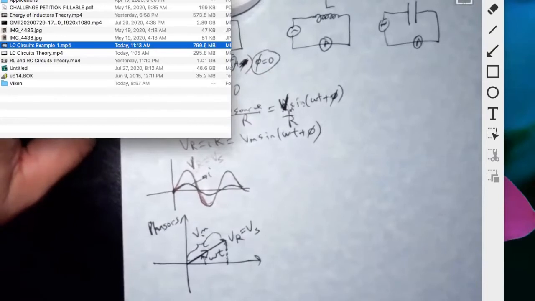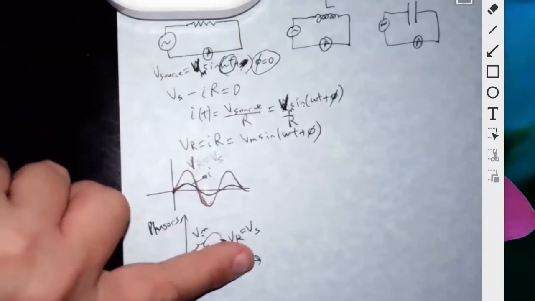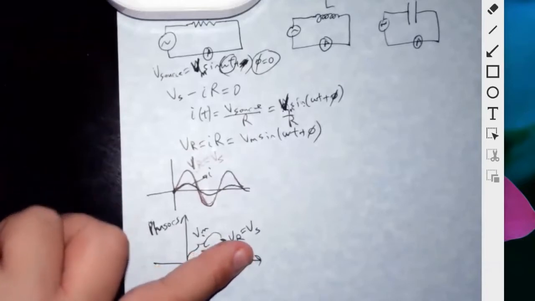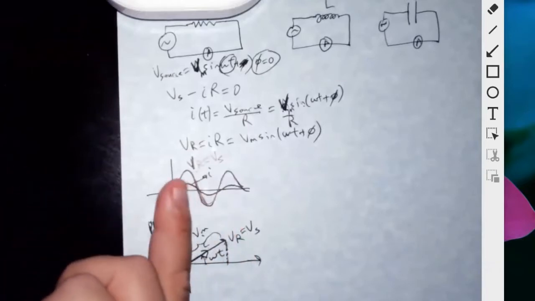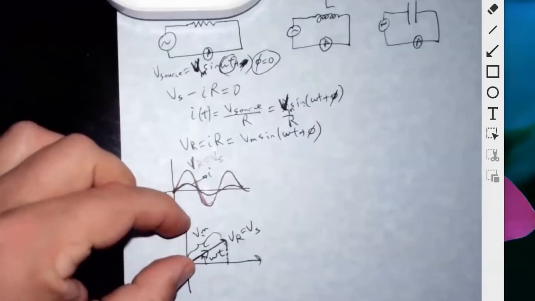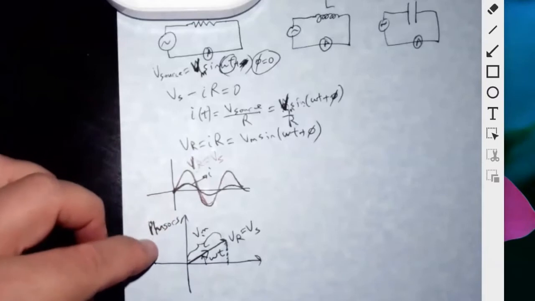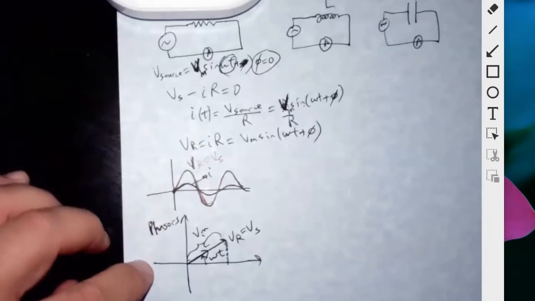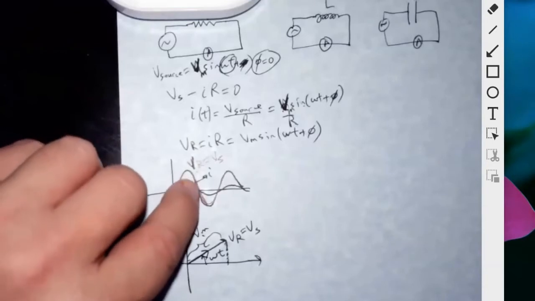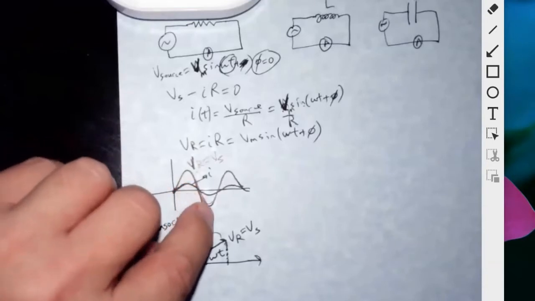So the phasor will start like this, and that means the source voltage starts at 0. Then as it's progressing, the source voltage reaches max when it reaches the vertical position. Then it gets smaller, smaller, then 0 again. Then as it's rotating, it goes negative, which represents going down into negative regions.